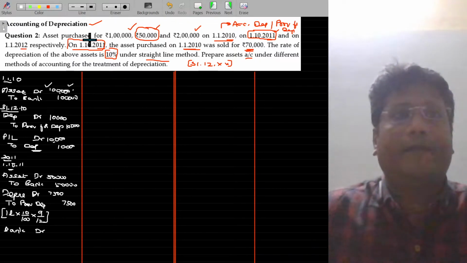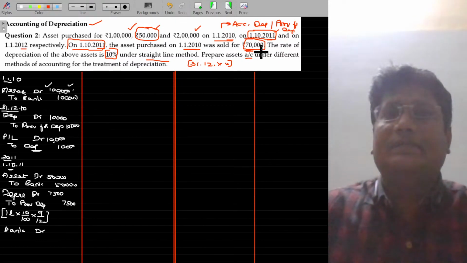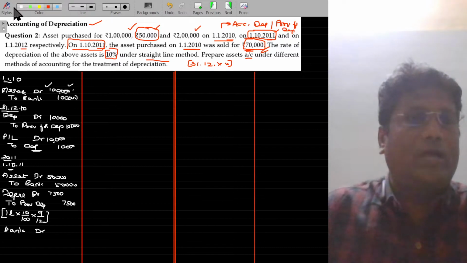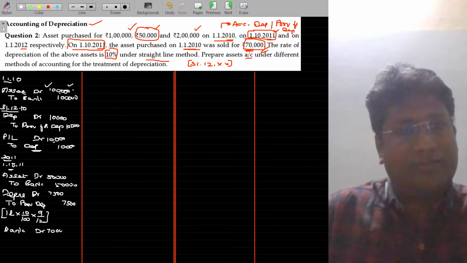How much am I getting? The old asset, purchased on 1st January 2010, was sold for 70,000 rupees. So I am getting 70,000 rupees. What is the value of the asset? The value of the asset being 1 lakh.